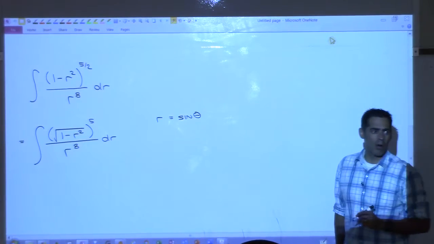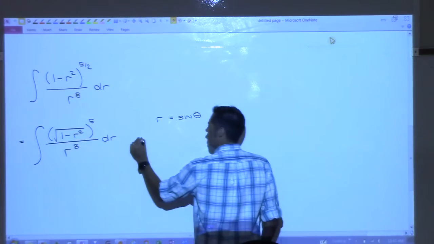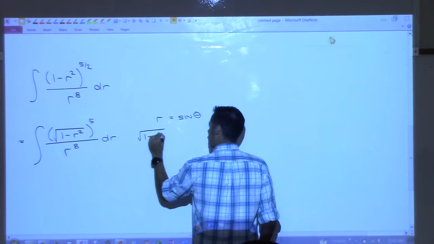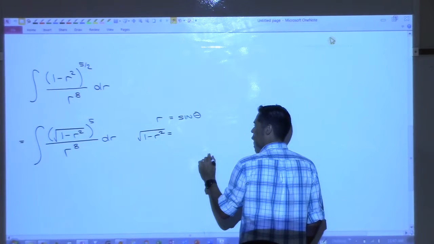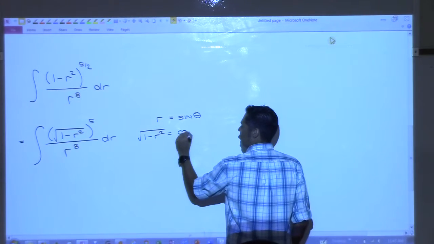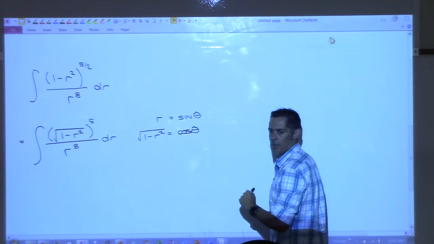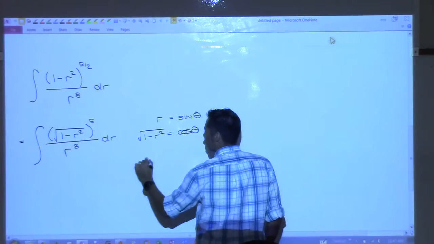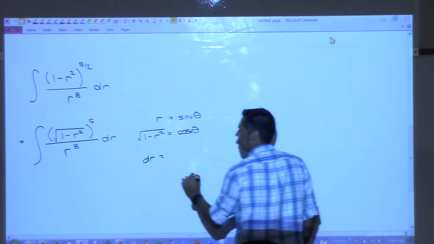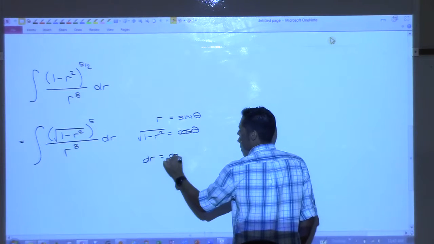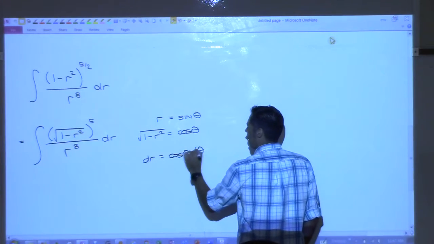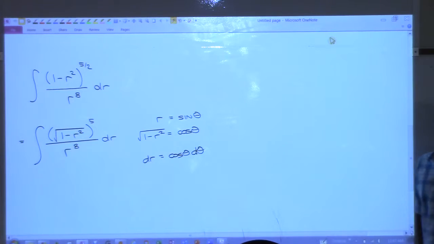What does all that square root stuff turn into? Square root of 1 minus r squared. What's that going to turn into? 1 cosine theta. So just cosine theta. What is the dr going to turn into? Cosine theta d theta, right? Go with me?